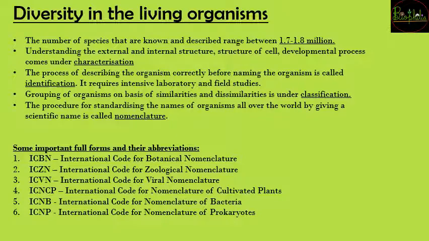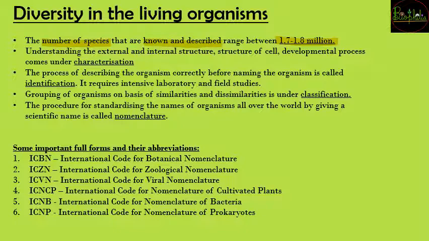Now let's understand diversity in living organisms. अब diversity की बात है यानी there is going to be a lot of types of organisms. So the number of species is going to be a huge range, that is 1.7 to 1.8 million different types of species that humans have known and described.